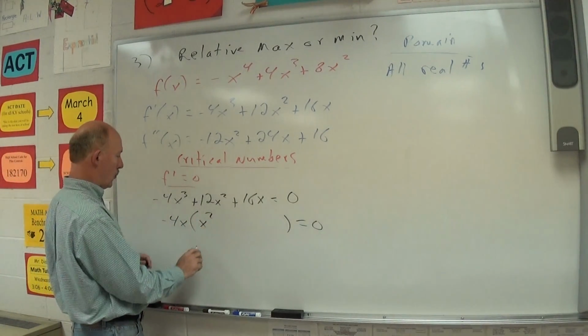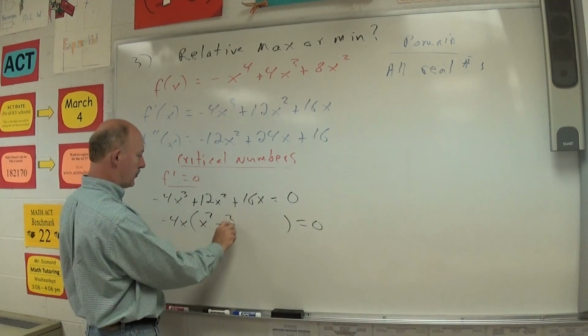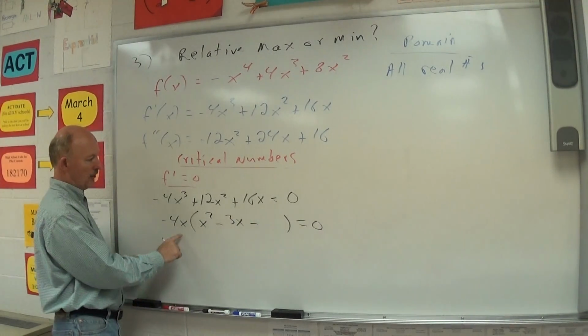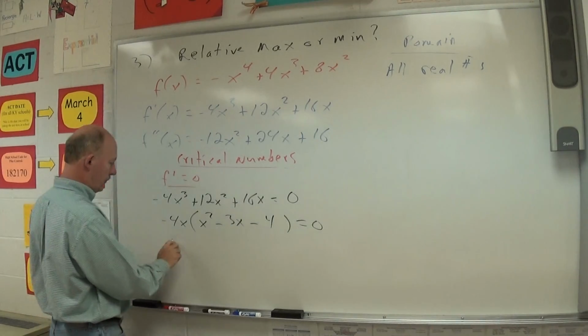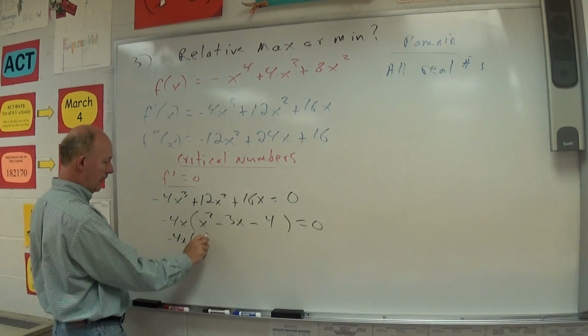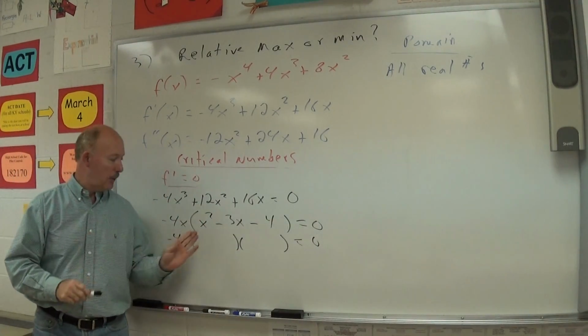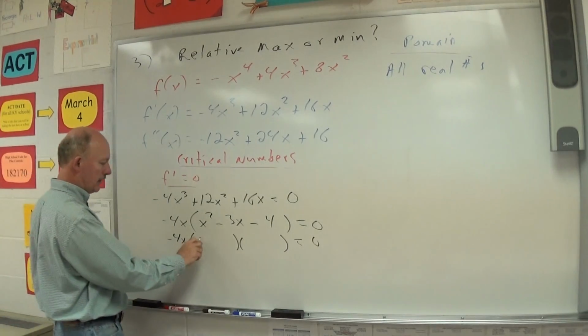That makes this x squared minus 3x minus 4, changing the sign on the middle term and the last term of the trinomial. Now let's put this in factored form again: negative 4x times the trinomial, set equal to 0. I'm going to solve this little trinomial by factoring it. That should go pretty quickly.